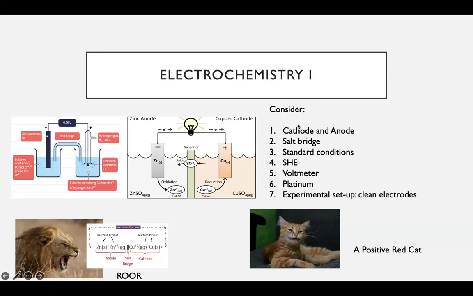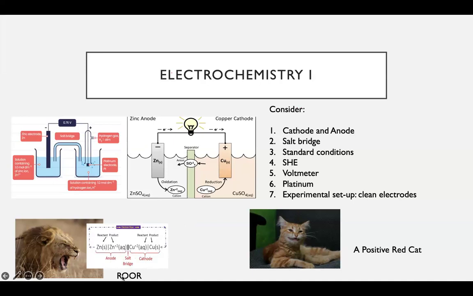I'm going to explain RAW. So you see this diagram here of the zinc copper cell. They ask you in exams to write a shorthand instead of spending 10 minutes drawing this out. There's a shorthand way of putting it, which is this, where you have the left hand electrode represented on the left and the right hand electrode represented on the right.